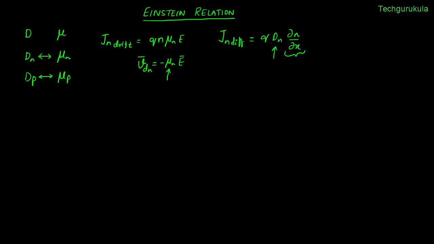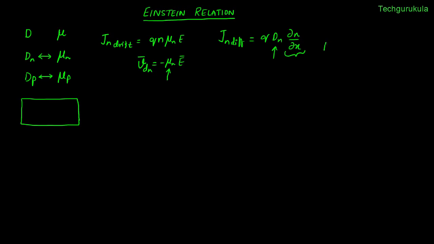In a semiconductor with both diffusion current and drift current, we are talking about the same carriers, which means there should be some relationship between these two quantities. That's what is given by Einstein's relationship.